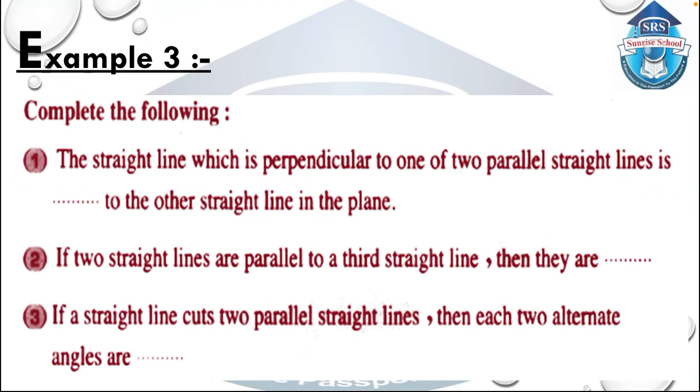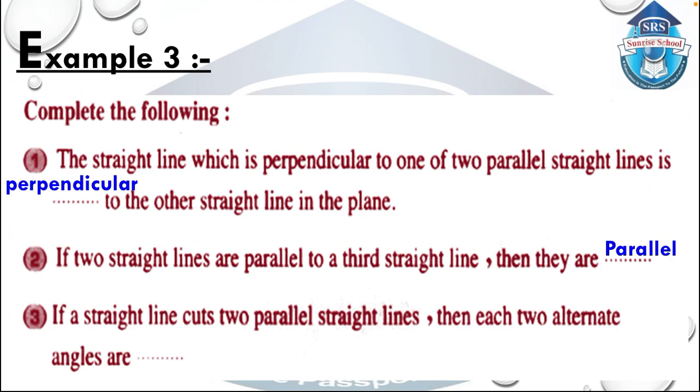Let's complete the following. The straight line which is perpendicular to one of two parallel straight lines is also perpendicular to the other straight line in the plane. If two straight lines are parallel to a third straight line, then they are parallel.